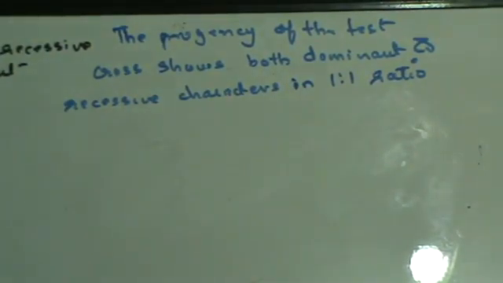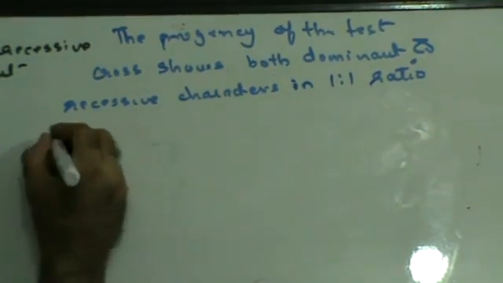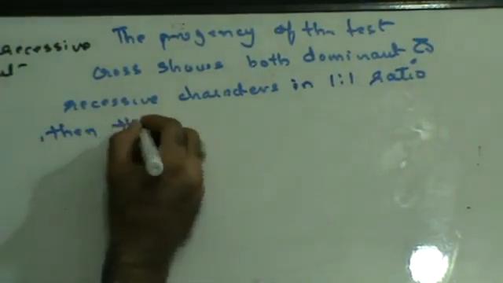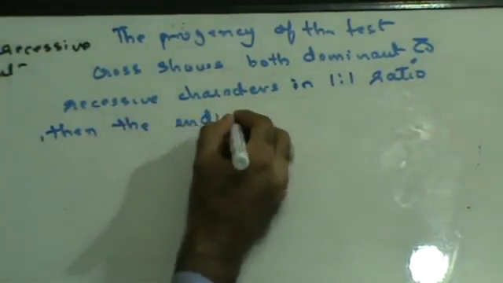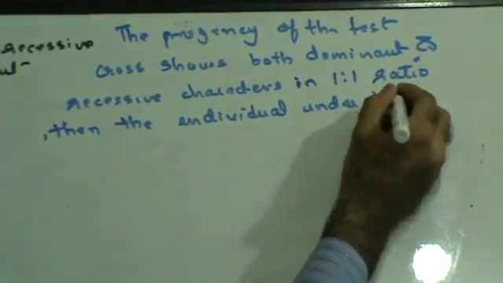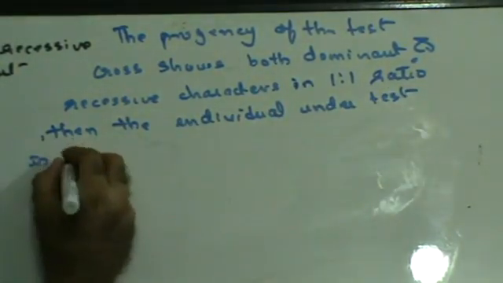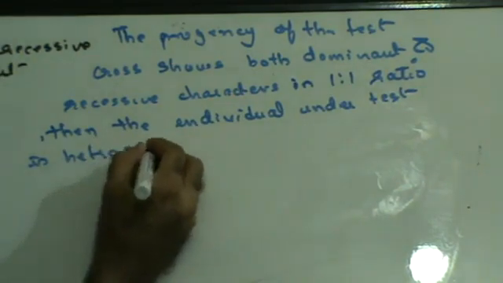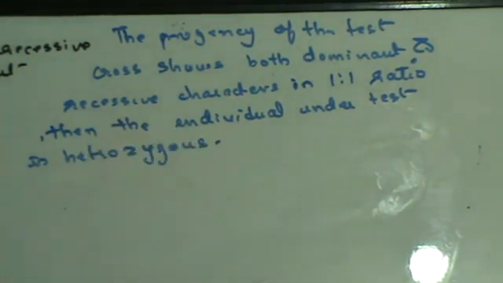Right? If I get a 1:1 ratio, then the individual under test is heterozygous. If I get both dominant and recessive characters in the ratio of 1:1, then it is heterozygous.